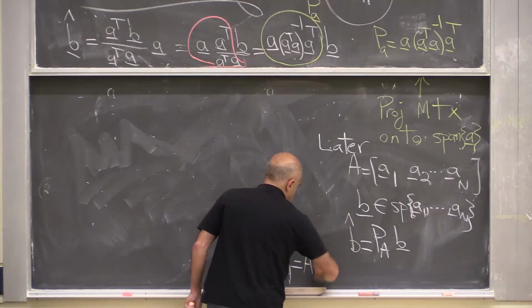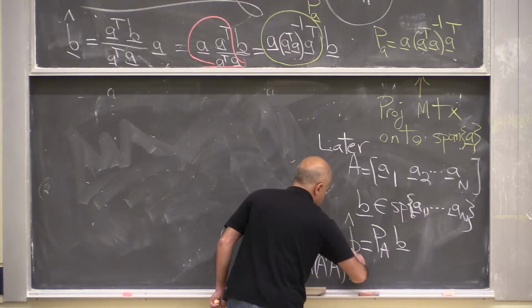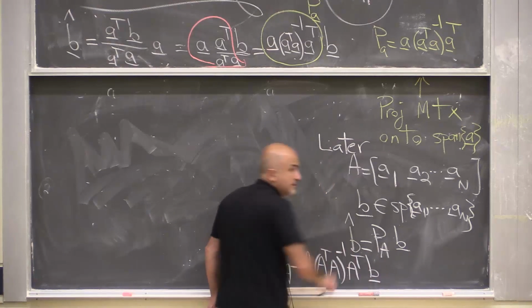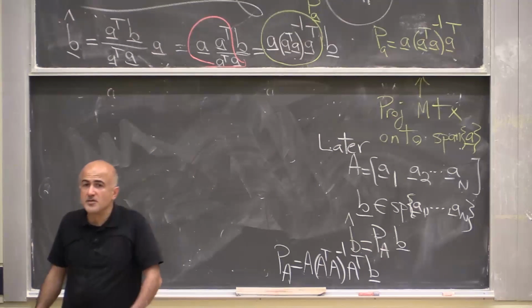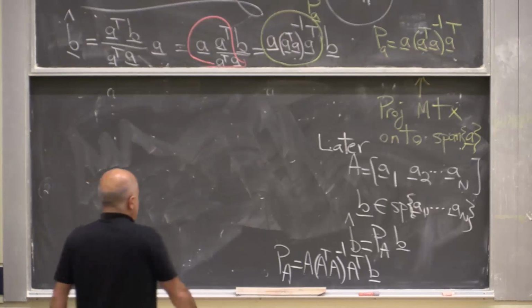A transpose A inverse, A transpose B. And those of you who've taken linear algebra before should recognize this as the solution to the linear least squares problem. But we'll get to this later.